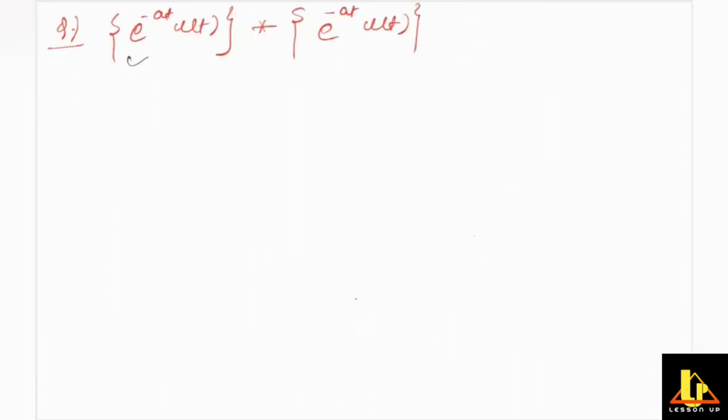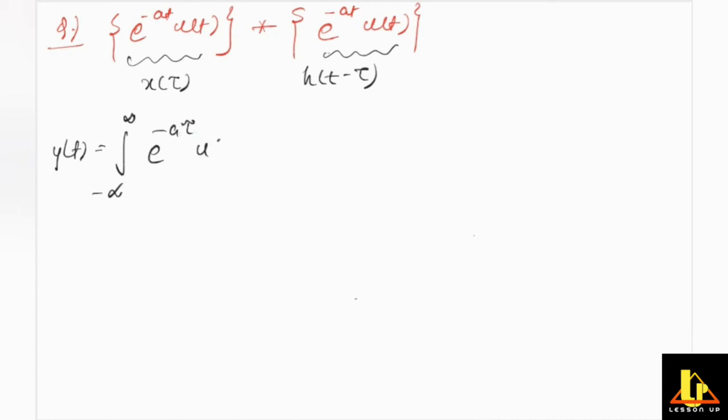Now in the next question we need to convolve these two equations. Okay, so suppose this is x of tau, we change this with x of tau, and this will be h of t minus tau, we change this with t minus tau. So the integration will be from minus infinity to infinity of x of tau, that is e to power minus a tau u of tau, into e to power minus a into t minus tau u of t minus tau d tau.